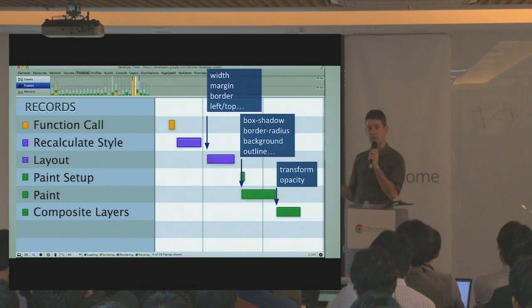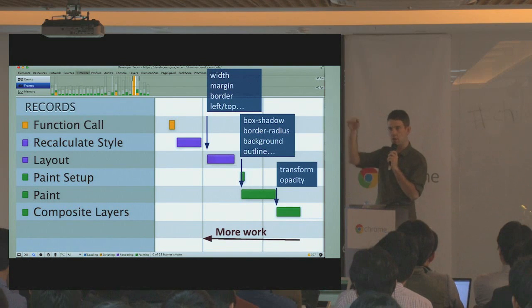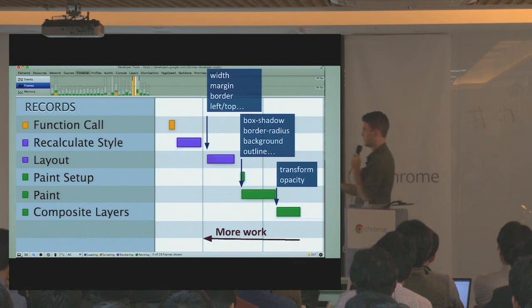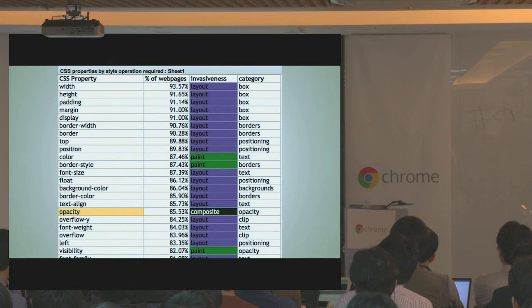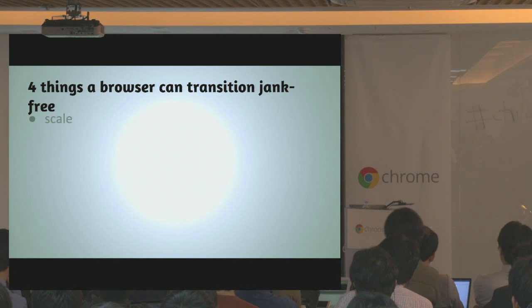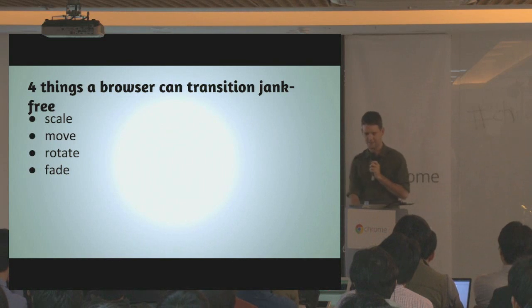So if you're doing an animation, like you're animating an item across the page, or you're increasing the height of an element, the less work that you can do, the better. If all you can change is just the transform and opacity, it's probably going to be a lot faster than if you try and animate left and top or width. So try and animate these guys.